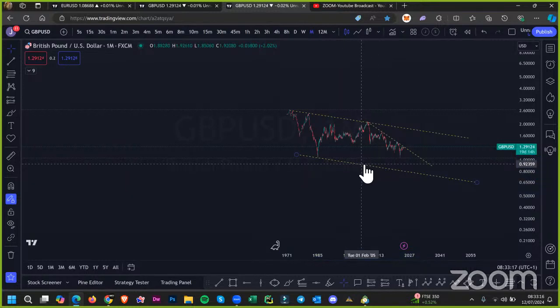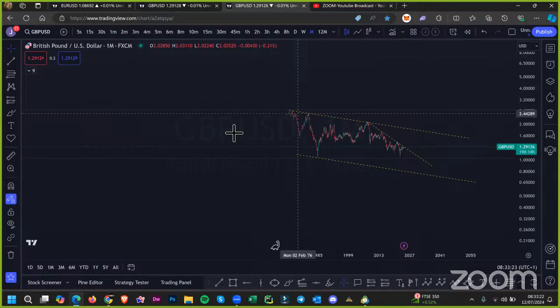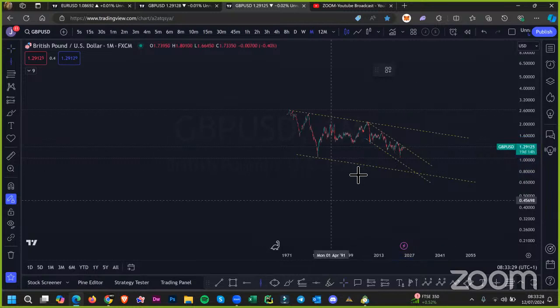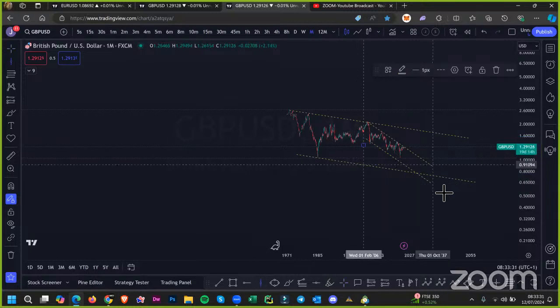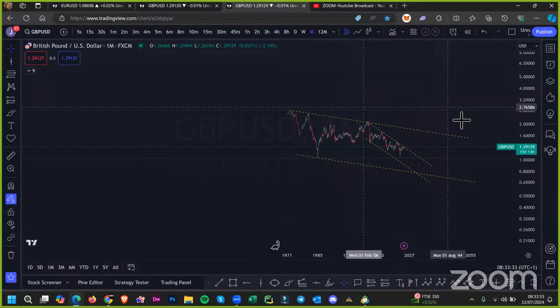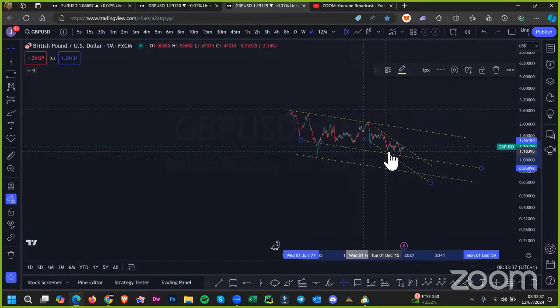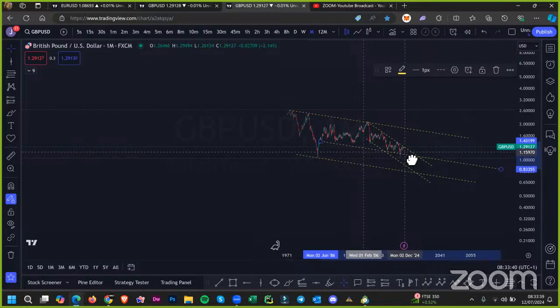They're giving us all this information going back here, whereas our Oanda is only giving us information on TradingView from about this line here. Which is very, very interesting.